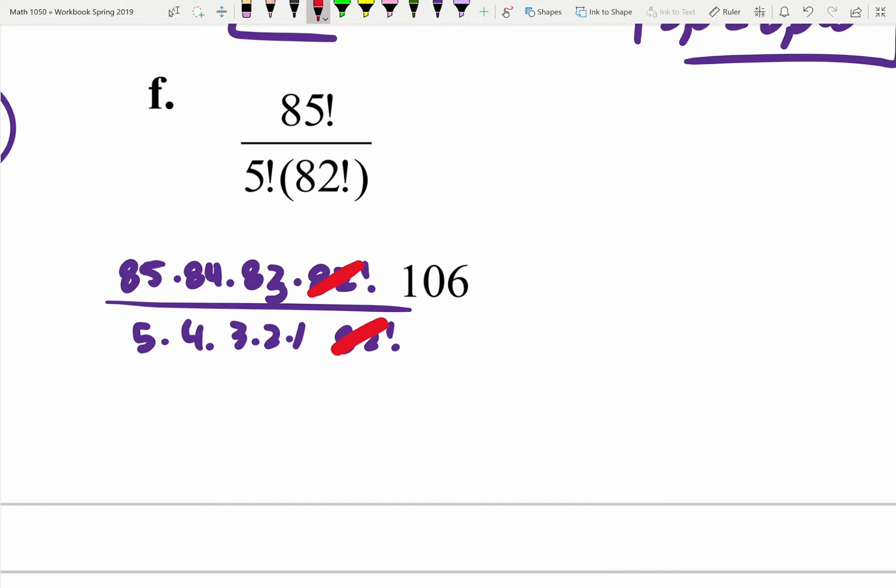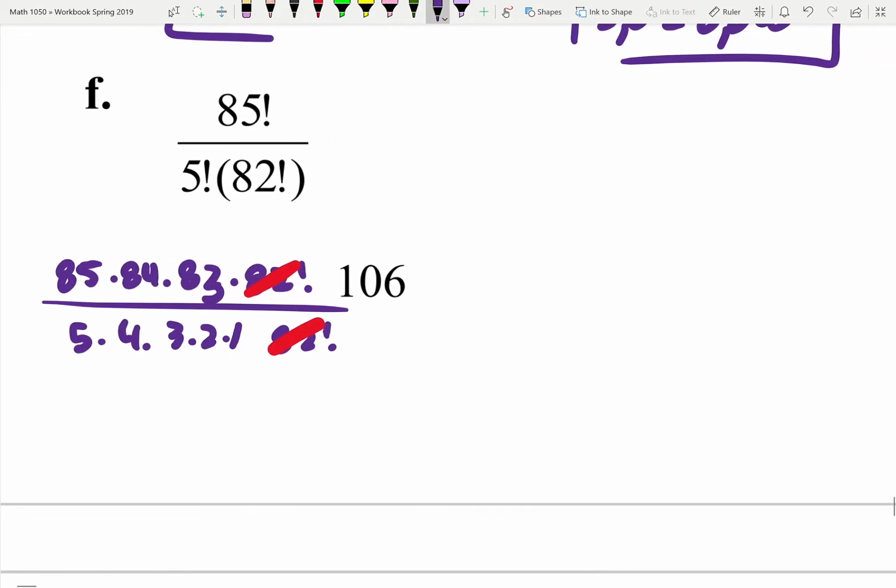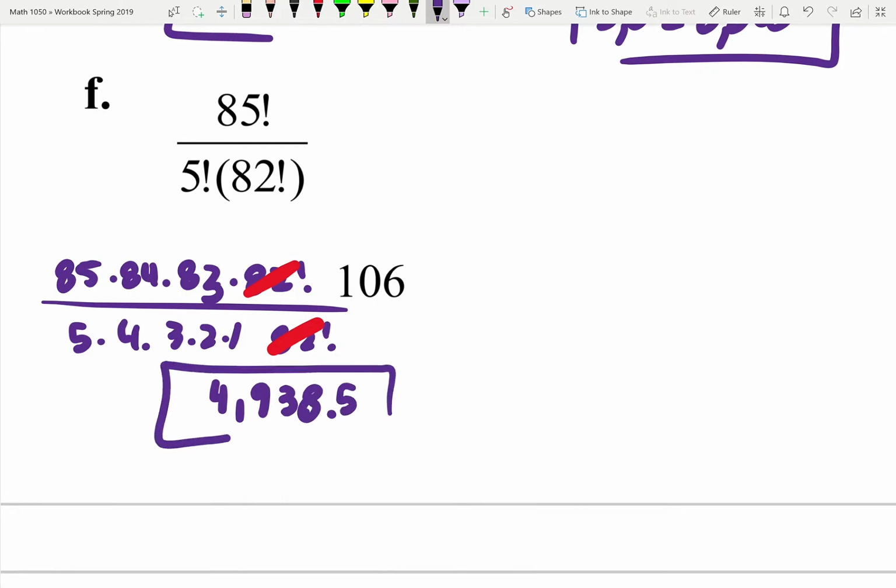So now everybody go 85 times 84 times 83, hit enter. And then let's divide that by 5 factorial. So go divide 5, PRB, right, enter, enter, and you get 4,938.5, and that's your answer.